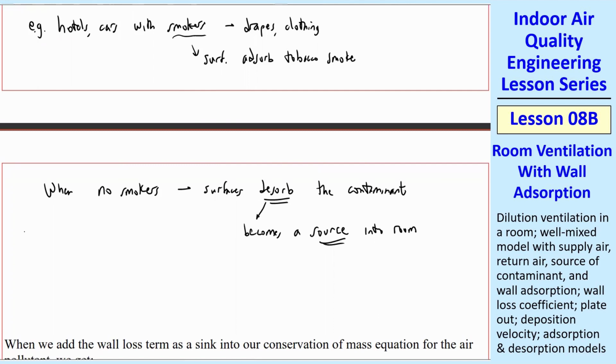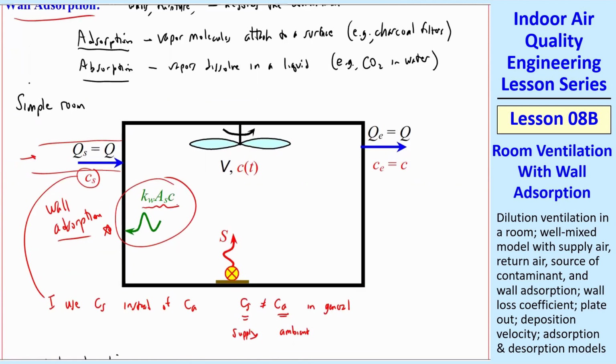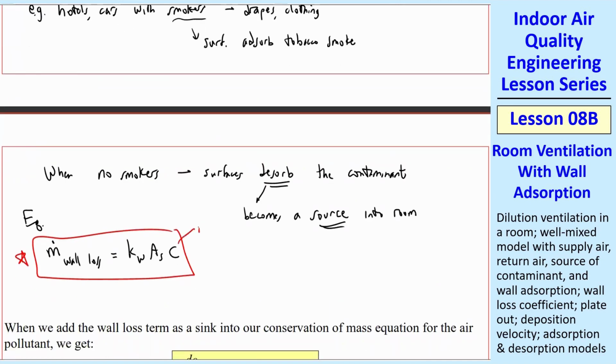What's the equation for this wall loss term? m dot of the wall loss is equal to kW times As times C. That is what I drew on the diagram. We have three parameters here. Of course, C is the mass concentration. I'm dropping the j subscript. As is the surface area of the adsorbing surfaces.